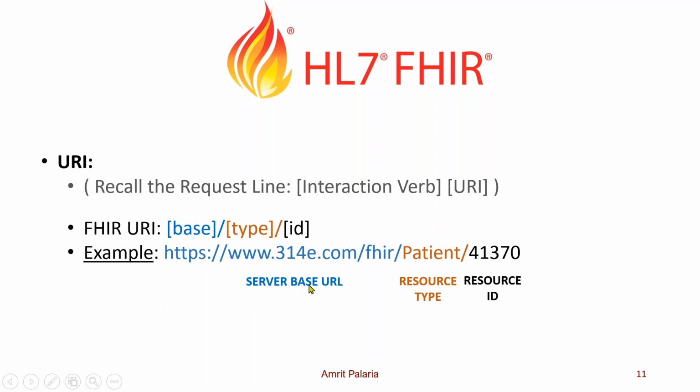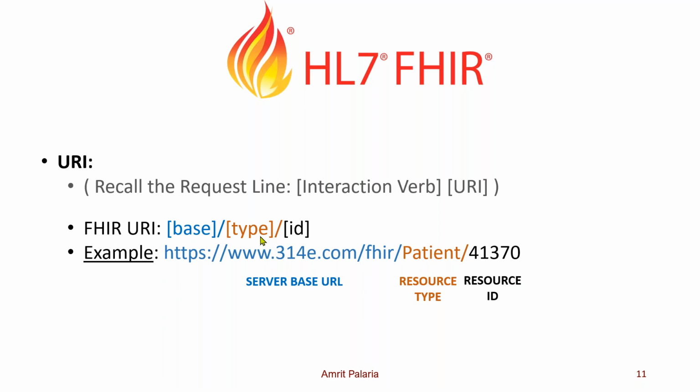The first part is your server base URL. Whatever your server is, it will specify this is the base to use whenever you're trying to access a resource on that server. The next part is the resource type. Last time we saw that the FHIR standard provides about 130 to 160 different resource types, and they keep changing with the versions.